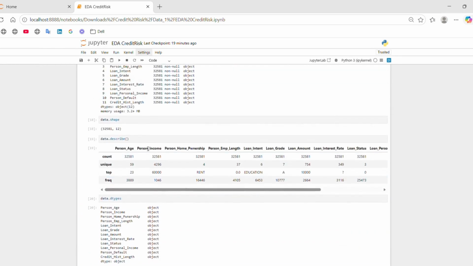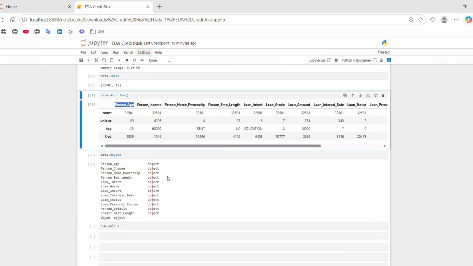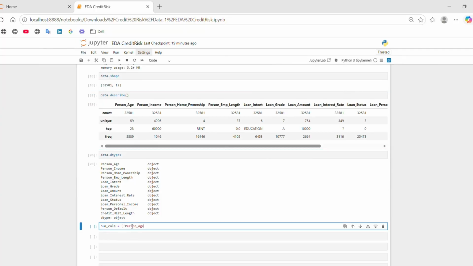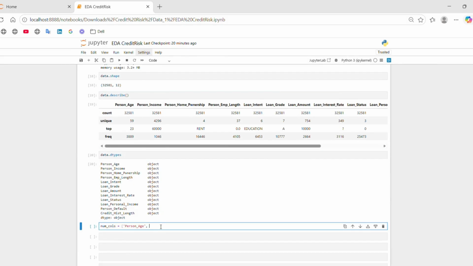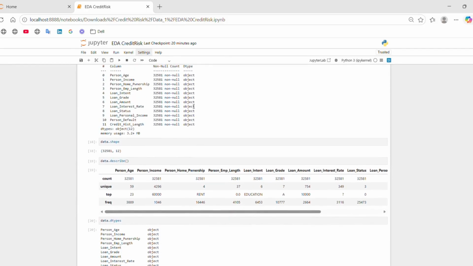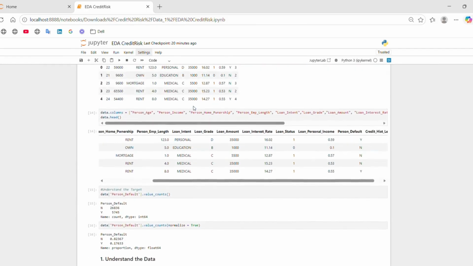So we'll first figure out the numerical columns. First of all, if you see, person age is numerical, then person income, after that the person home ownership.